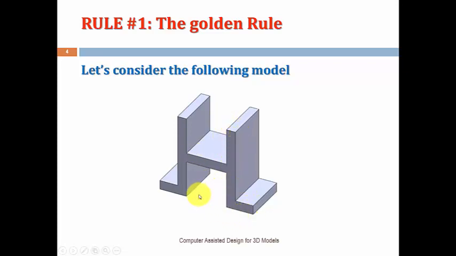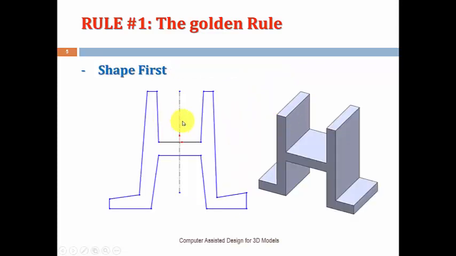Obviously, to create this part, we need to create this elevation view or front view, and then we are going to extrude it to this width. So first we take care of the shape. Let's say this is our origin point in SolidWorks.